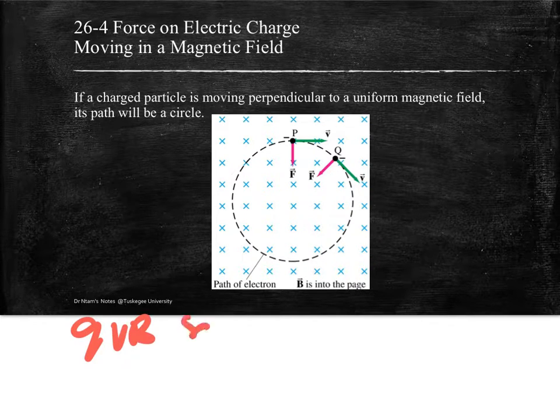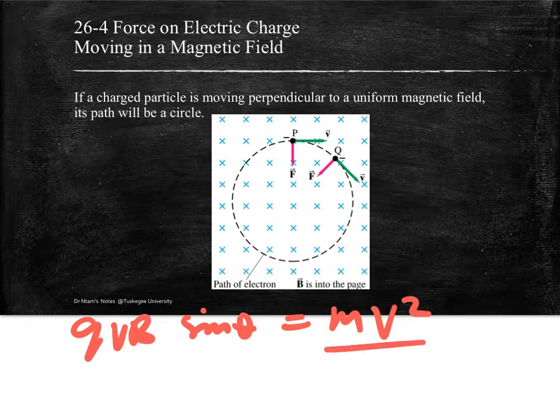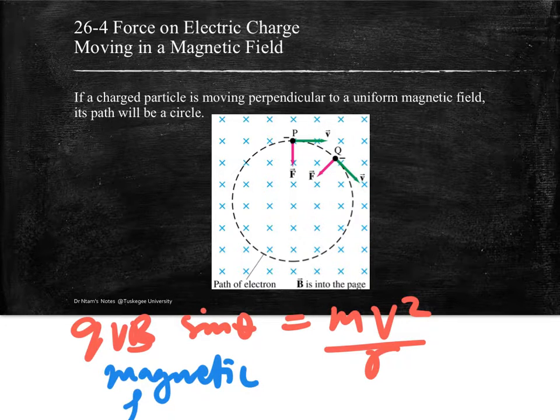QVB sine of theta equals mv squared over r. So this is the magnetic force, and this is the centripetal force.